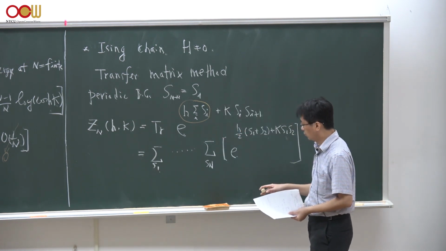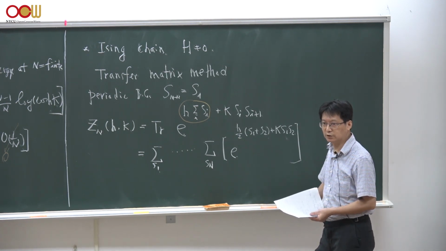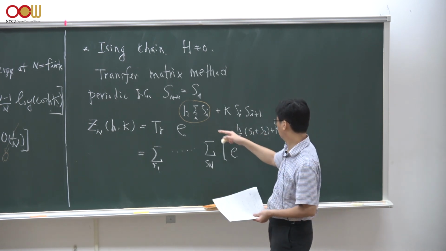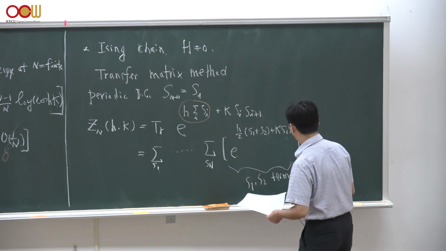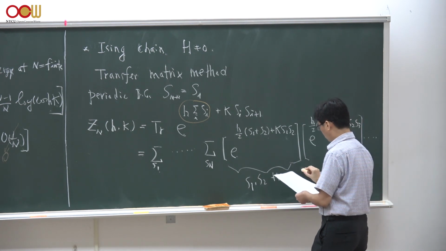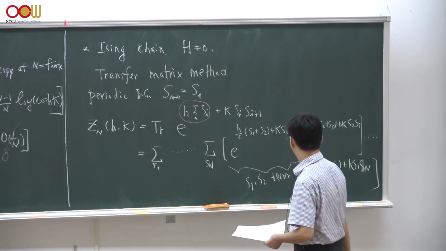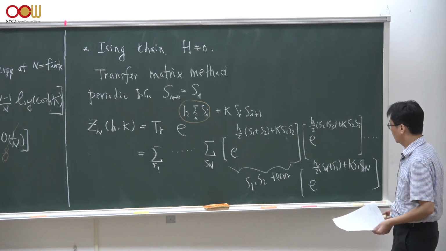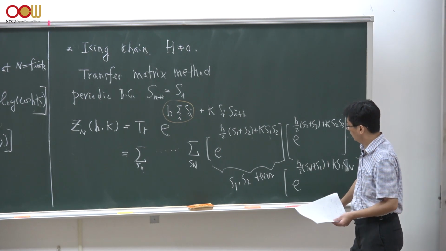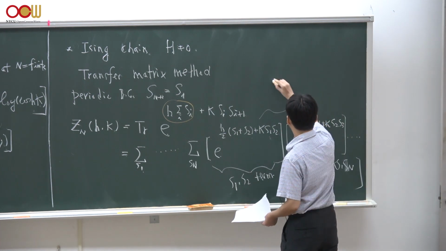The sum over S1 also involves the sum over S2, because S1 and S2 are nearest neighbor sites. So we could rewrite this partition function in terms of S1, S2, and S2, S3, and so on and so forth, up to the very last term, which is Sn and S1. It seems that the summation inside the trace could be decomposed in terms of the product of the sum over nearest neighbor pairs. So these are all nearest neighbor pairs.